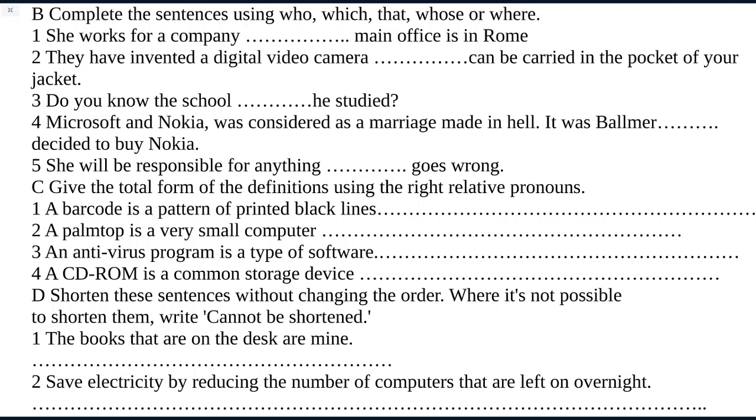Sorry, I'm confusing you. So, yeah, I don't know. Whoever typed this was wrong. An antivirus program is a type of software that is, or which is designed to prevent such things.